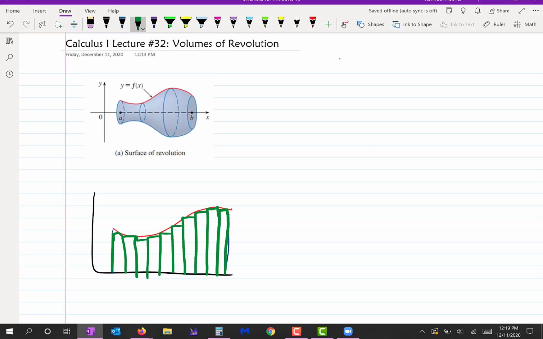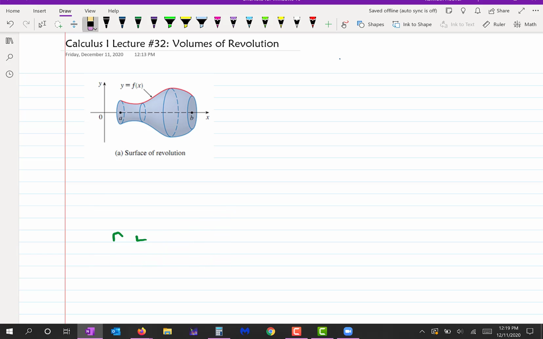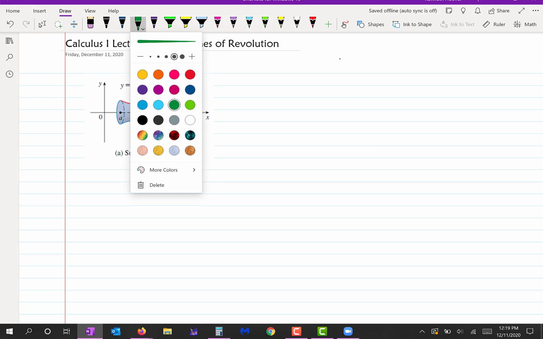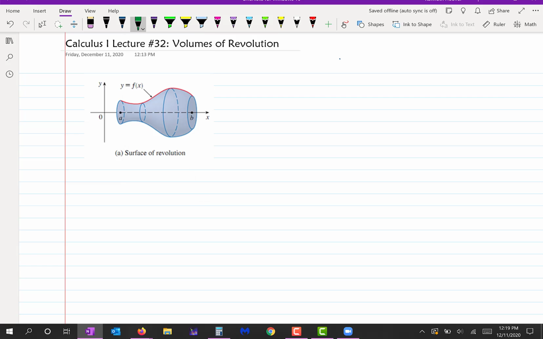Okay, same idea is going to happen here, except the only difference is we're going to stack a whole bunch of disks inside. You see, like this one right here? And this one here. And there's one here on the edge.